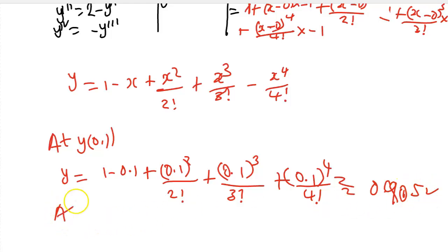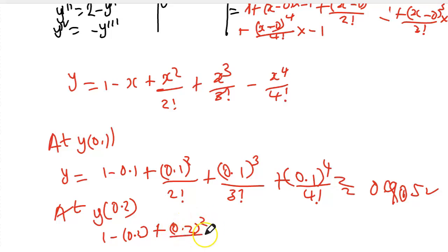Now we do it again at 0.2. So I will do 1 minus 0.2, plus 0.2 squared divided by 2 factorial, plus 0.2 cubed divided by 3 factorial, plus 0.2 to the power 4 divided by 4 factorial.